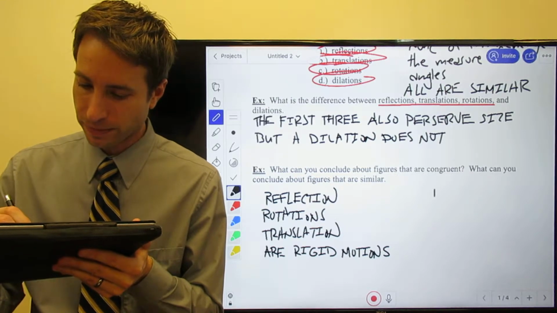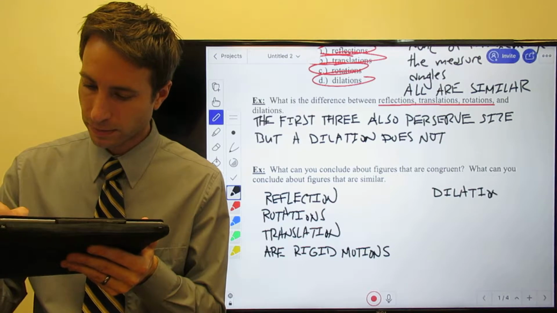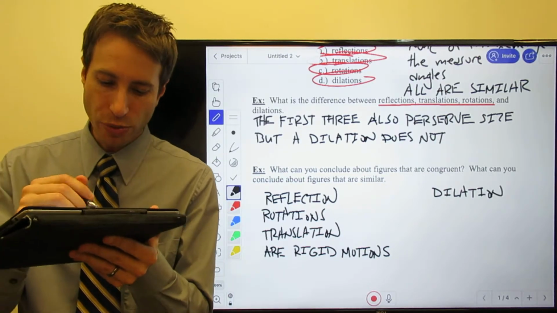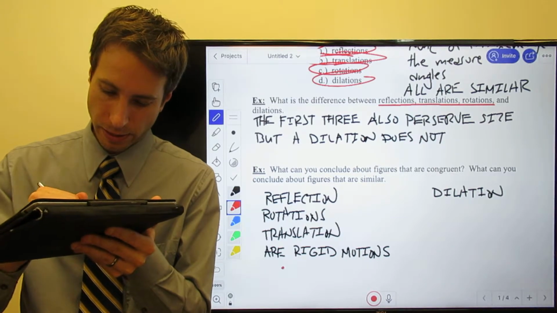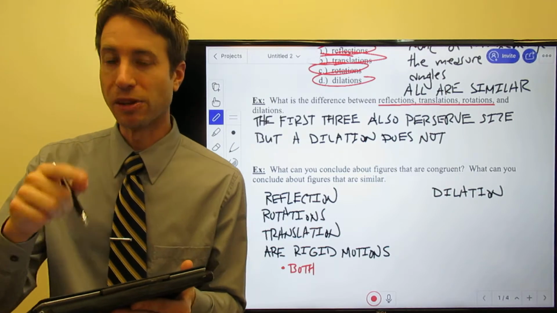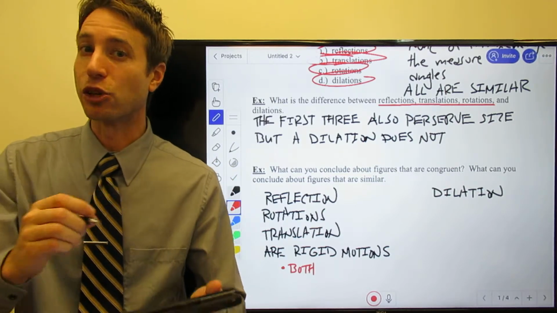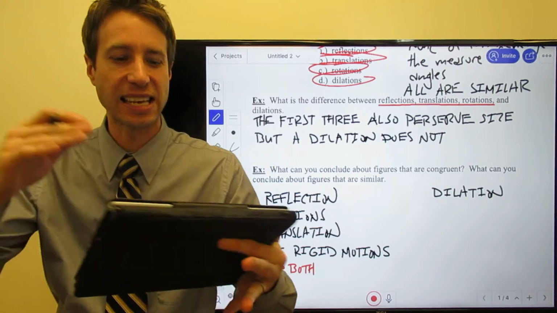But a dilation is not. Rigid motions are both similarity transformations and congruency transformations. That's sort of what rigid means: both maintain size and shape.